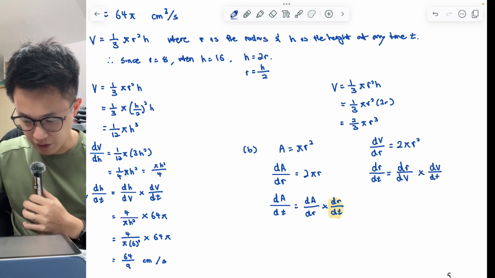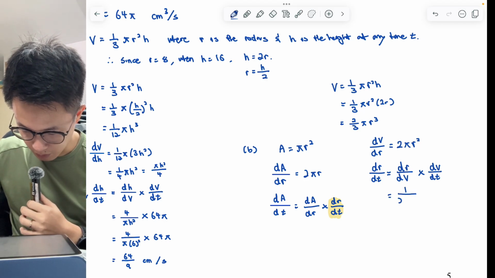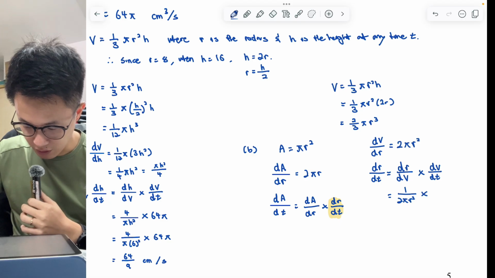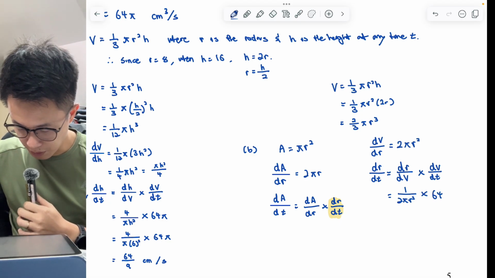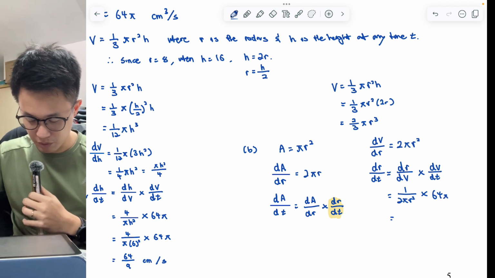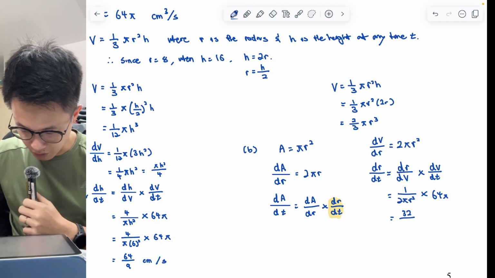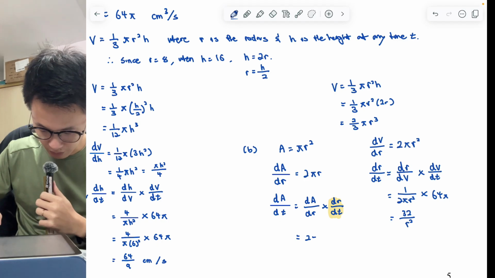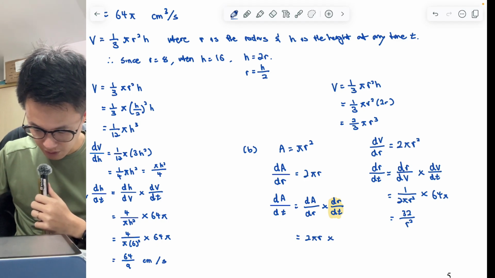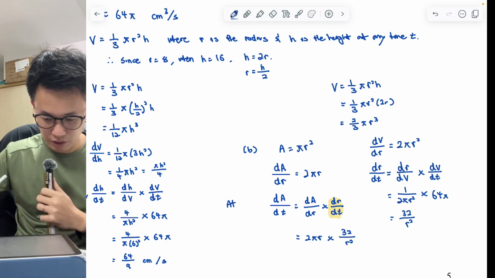So this is going to be a very long-winded way. dr over dV is 1 over 2 pi r squared, and dV over dt is 64 pi. We do our calculations, and you will get 32 over r squared for dr over dt. Hence, let's put it back here. This is 2 pi r, and this is 32 over r squared, and the depth is 6.